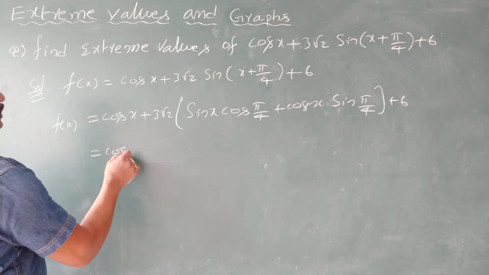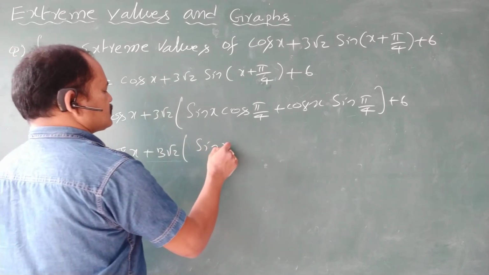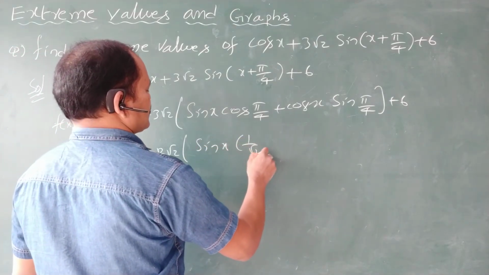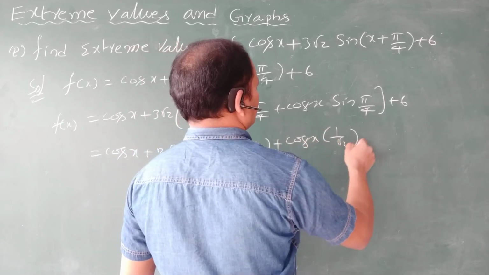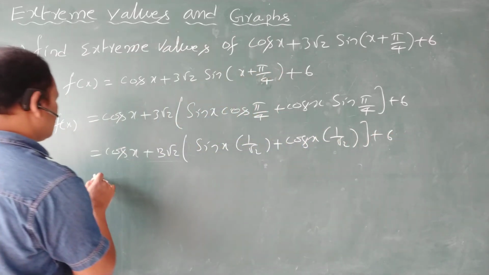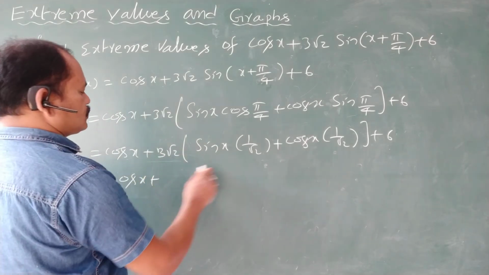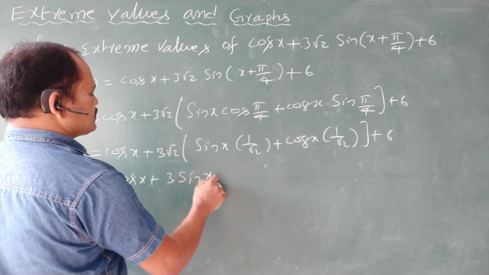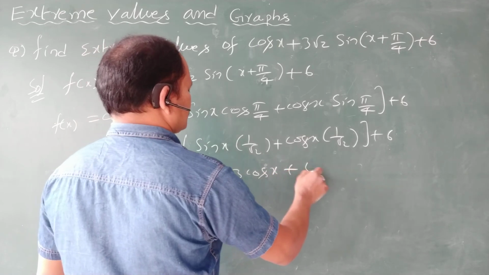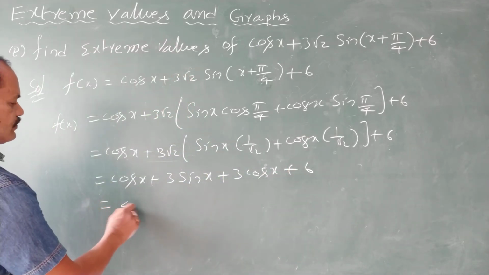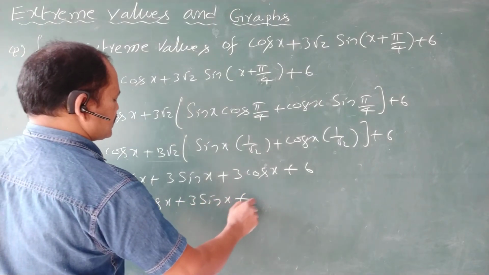Here this can be written as cos x plus 3 root 2 times (sin x into cos 5π/4, which is 1 by root 2, plus cos x into sin 5π/4, which is 1 by root 2), plus 6. Now multiply, root 2 gets cancelled, 3 sin x, plus here also root 2 gets cancelled, 3 cos x, plus 6. From this we get 4 cos x plus 3 sin x plus 6.